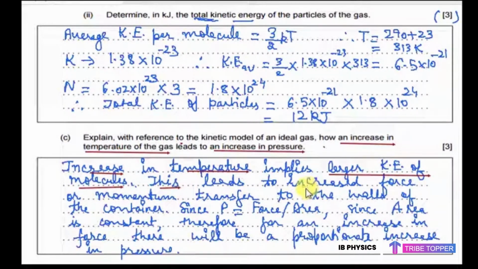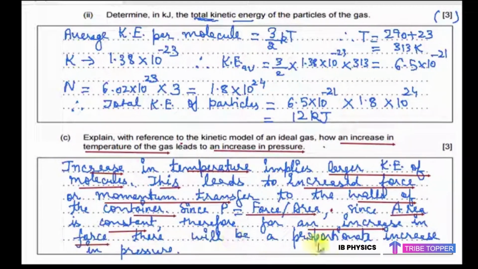This leads to increased force or momentum transfer to the walls of the container. Since pressure is force upon area and area is going to remain constant, therefore for an increase in force there will be a proportionate increase in the pressure. So you have to write down this complete answer.